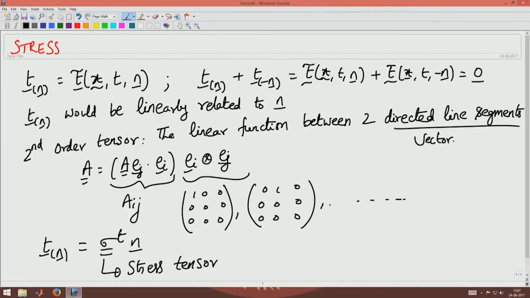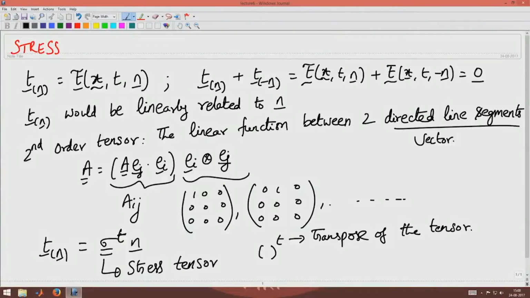Why am I defining it with a transpose? The superposed T denotes the transpose of the tensor. Let us go about understanding how to find the components of the stress tensor, or in other words, what do the components of the stress tensor mean? That is what we are trying to find.